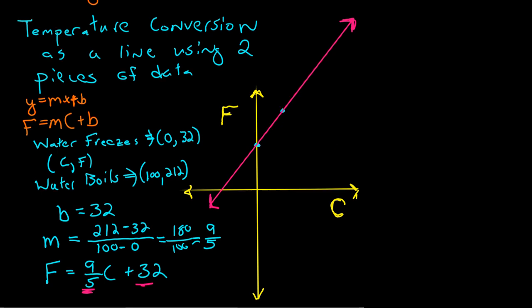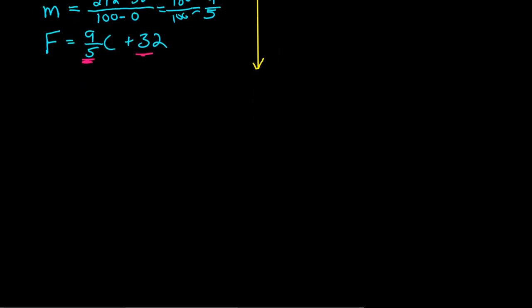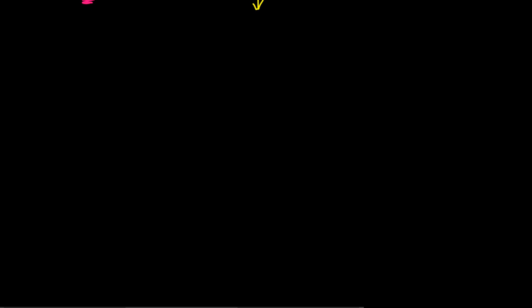Let's do this backwards. And the backwards one is not as pretty, but we'll get there. So we want to convert from Fahrenheit to Celsius. And we're going to do the same thing.